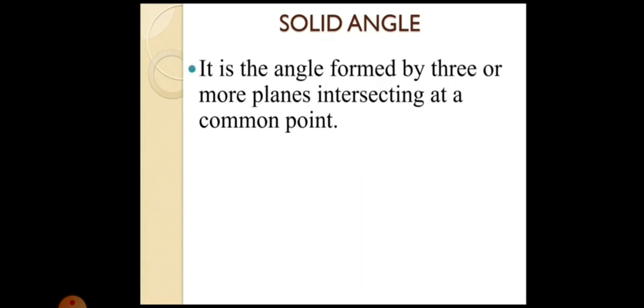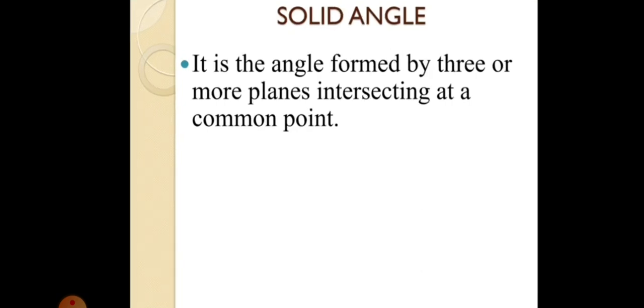Next, we are about to discuss solid angle. It is the angle formed by 3 or more planes intersecting at a common point. So, in the case of plane angle, we saw it is the intersection of two straight lines or two planes.